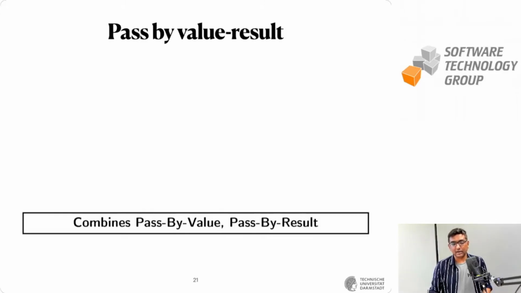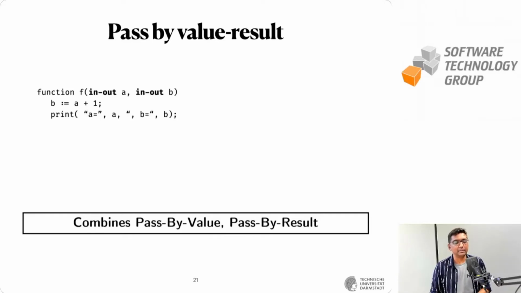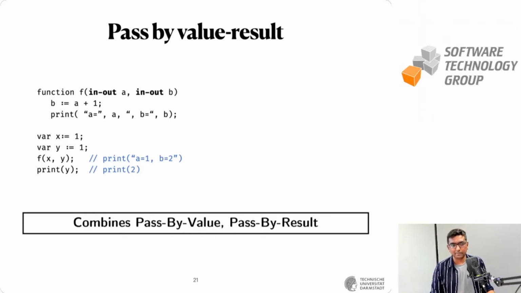The other variant is called pass by value result. Essentially, this combines pass by value and pass by result, and these parameters are called in-out parameters. Here is a function which treats A and B, the two parameters it takes, as both in parameters and out parameters. It performs the same computation as the first variant we saw for pass by value and prints the result. To see how pass by value result works, let's look at a variant where x is assigned to 1 and y is assigned to 1.